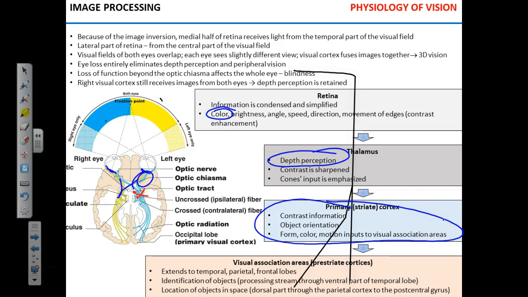Then those impulses regarding the motion or color of the object go to the visual association cortices. In association cortices, that's where you identify objects, and where you relate objects to others in space.